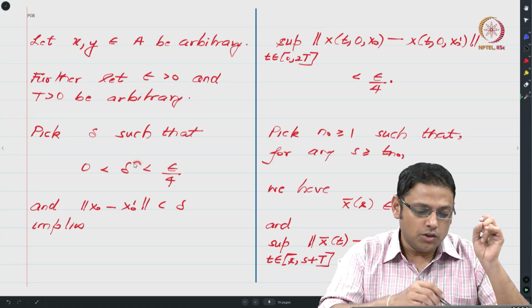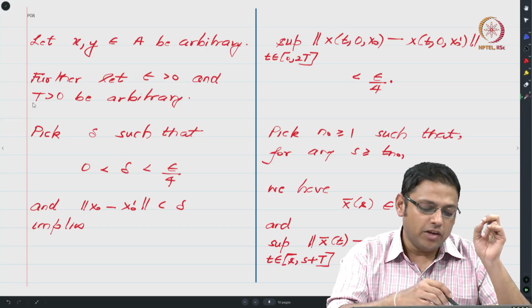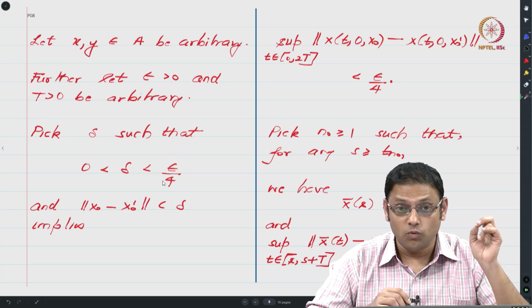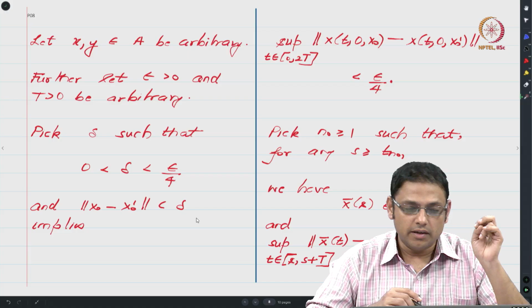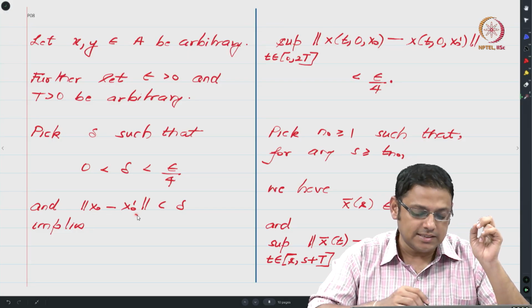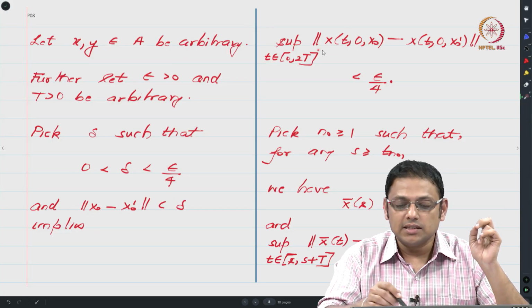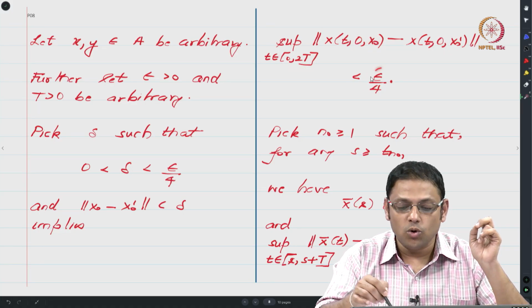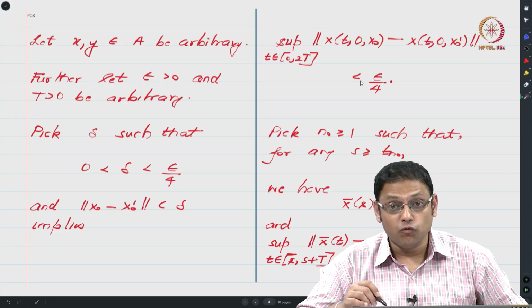So given this epsilon and t, we have chosen a delta less than epsilon over 4, and it ensures that if the initializations are only delta away, then the solution trajectories started at x0 and x0 prime in this window are at most epsilon over 4 away.